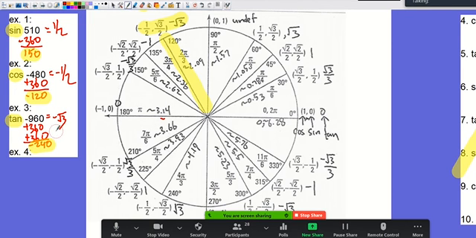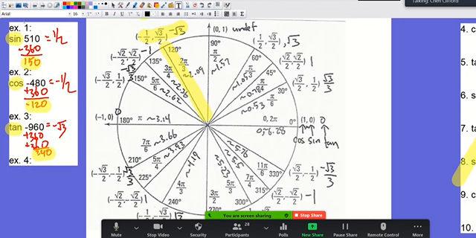Now, while we're at it, I might as well show you cosecant, secant, and cotangent. Let's pretend that for example 4, let's say that we had these problems here.